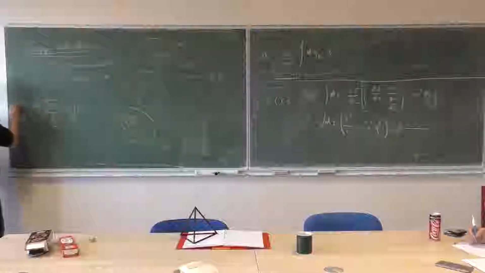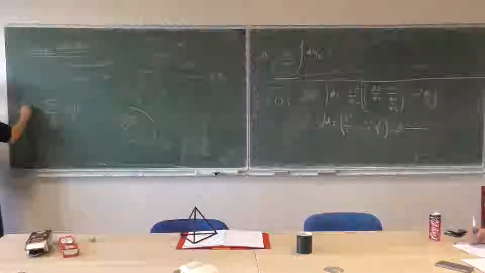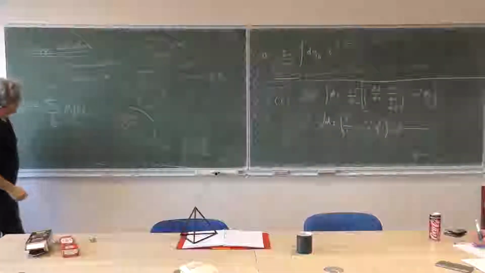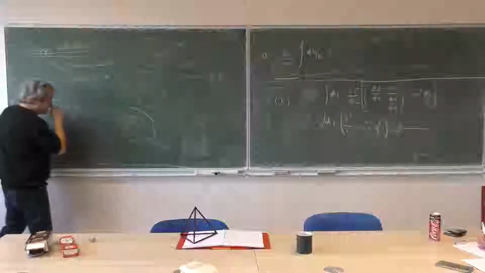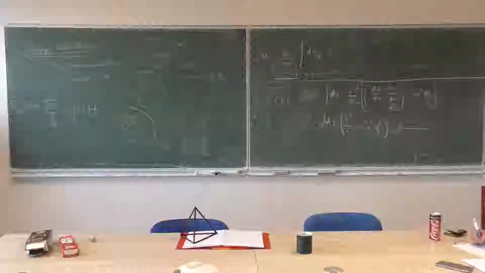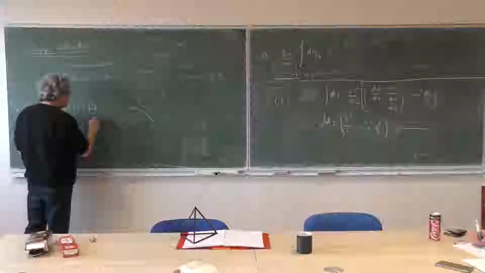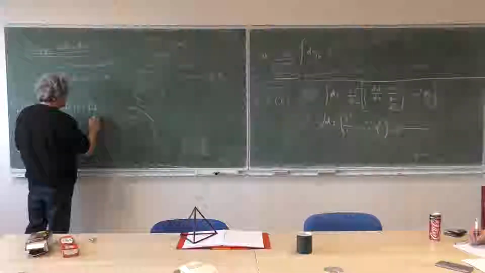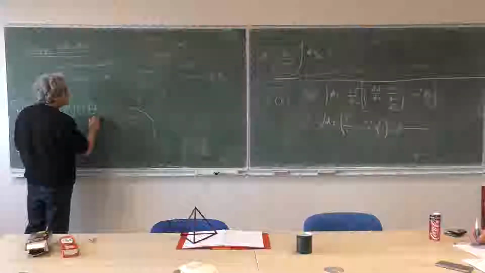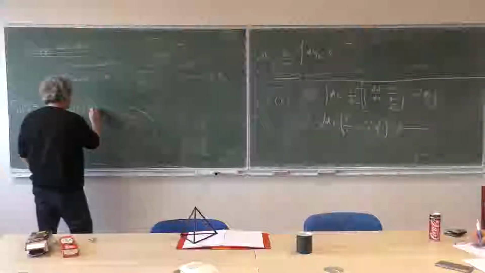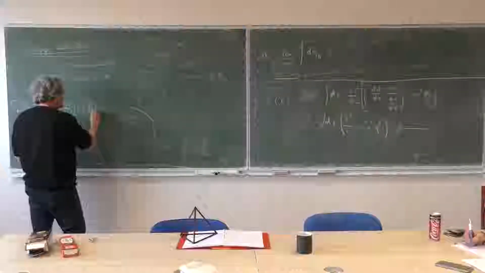So this Regge action here is a function of all the lengths of the segments here, and you multiply it by the deficit angle, this delta, associated to this triangle.